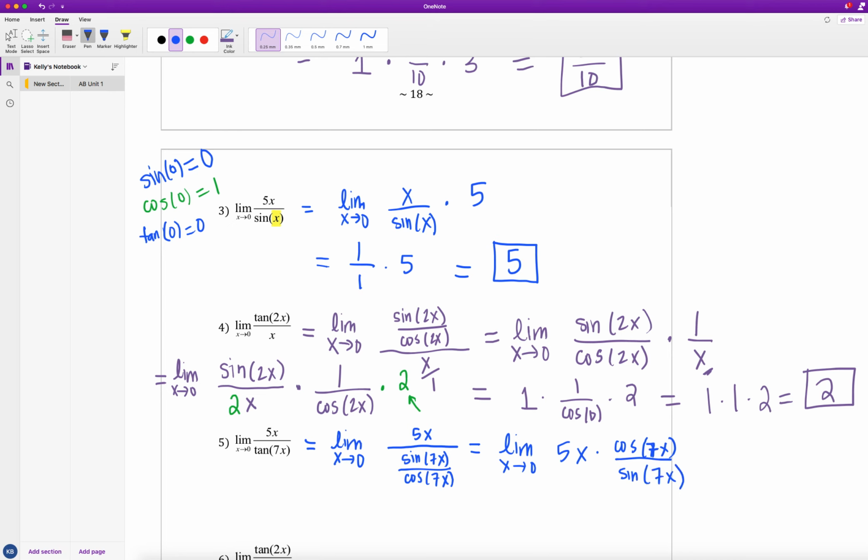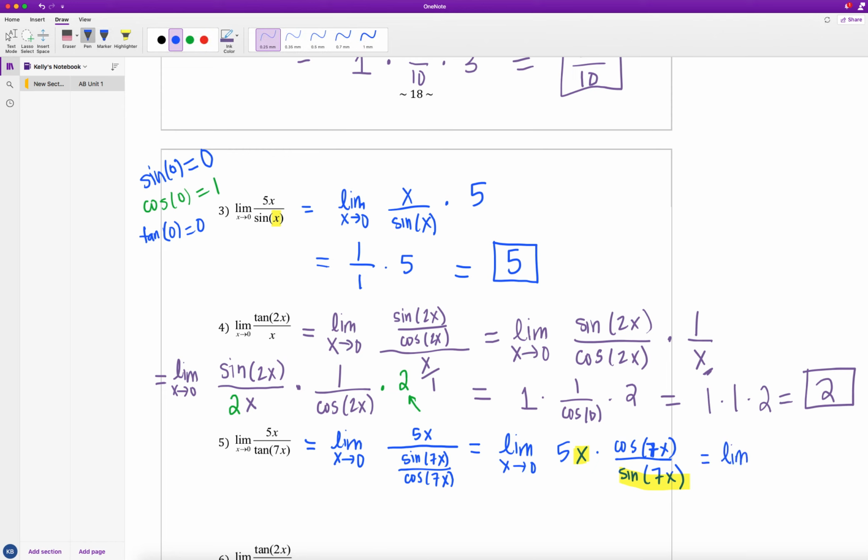Now from here, I want to play this kind of rearranging game. So the cosine is not the issue. The cosine is not going to cause me any problems, it's the sine. Because if I sub in 0, sine of 0 is unfortunately 0, and I cannot divide through by 0. So what I'm going to do is group these together. The sine of 7x would want the x, it's not going to want the 5 though. It's instead going to want a 7, which I'm going to have to figure out how to add in there.